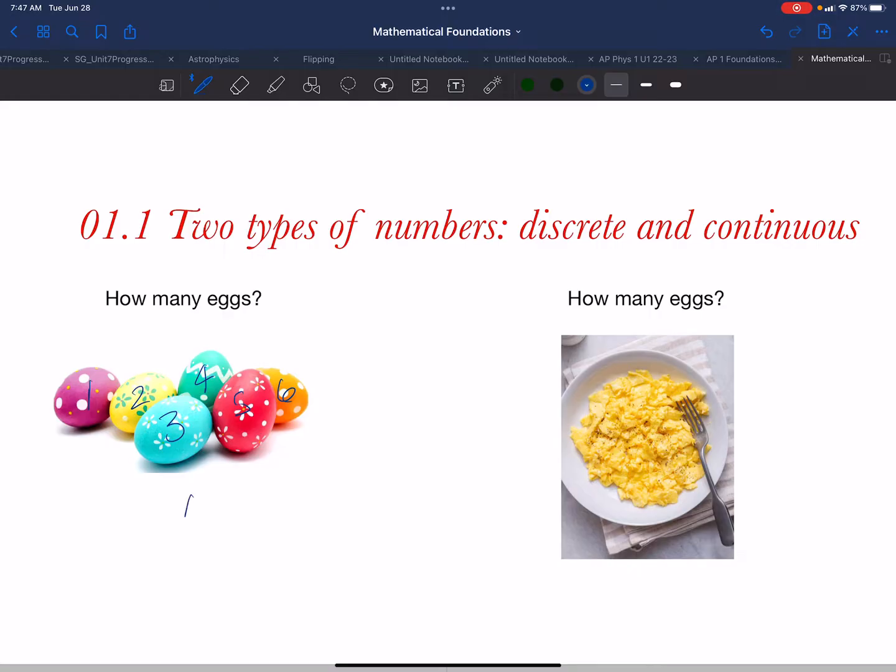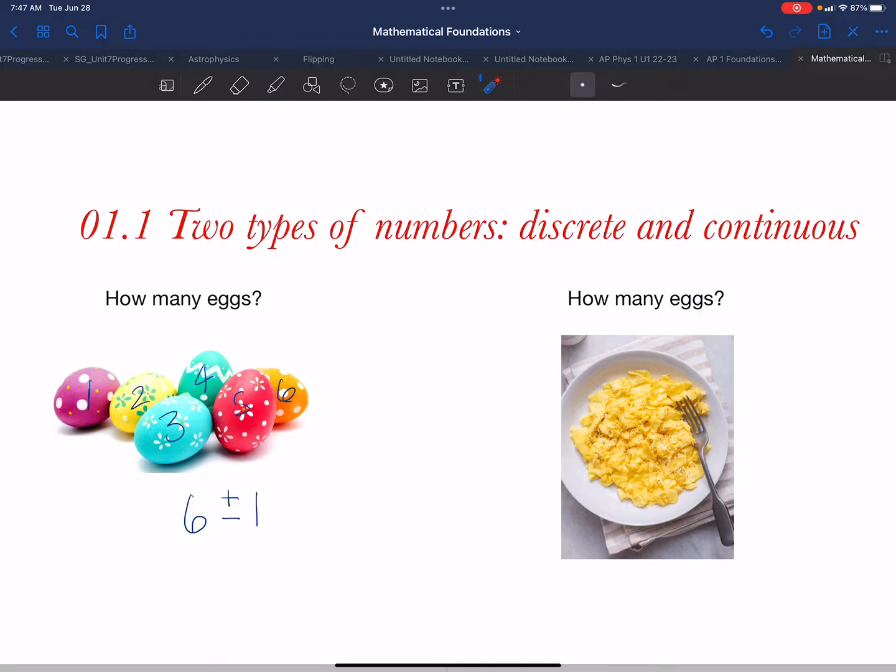And so we know there are 6 eggs. And that number could vary, a plus or minus of 1. The way this number 6 changes is by ones. This is an example of a discrete phenomenon.